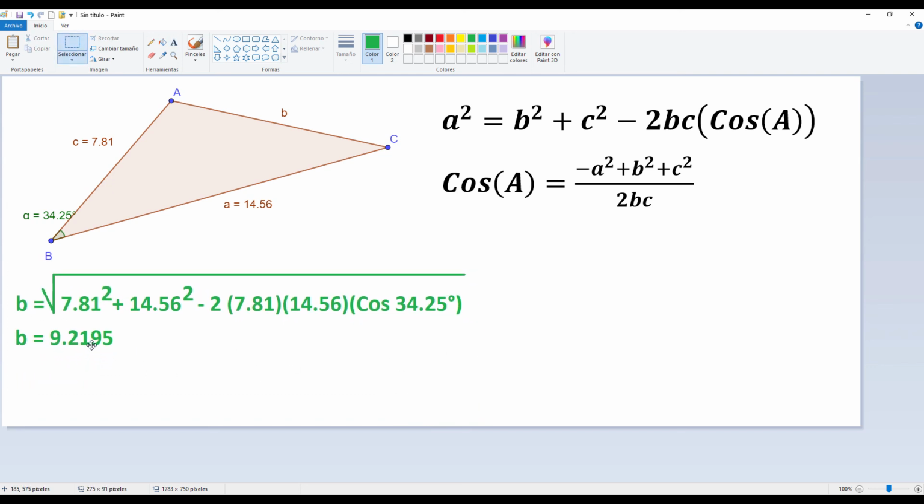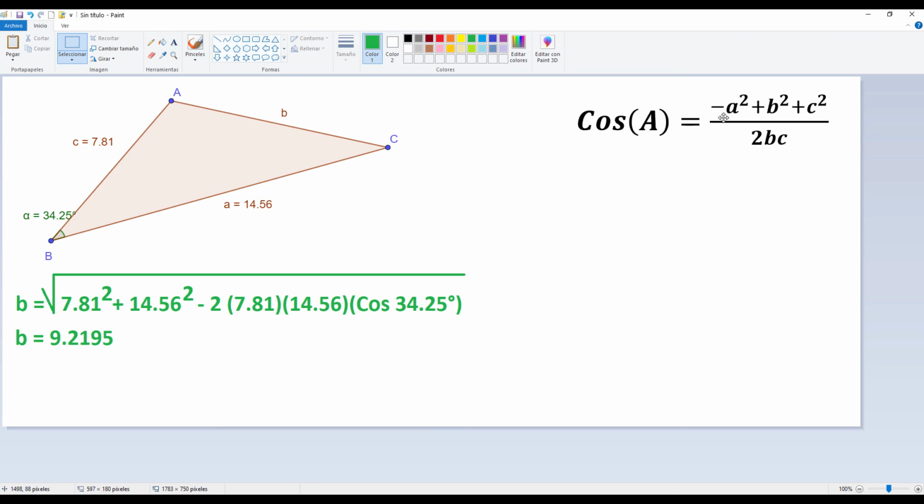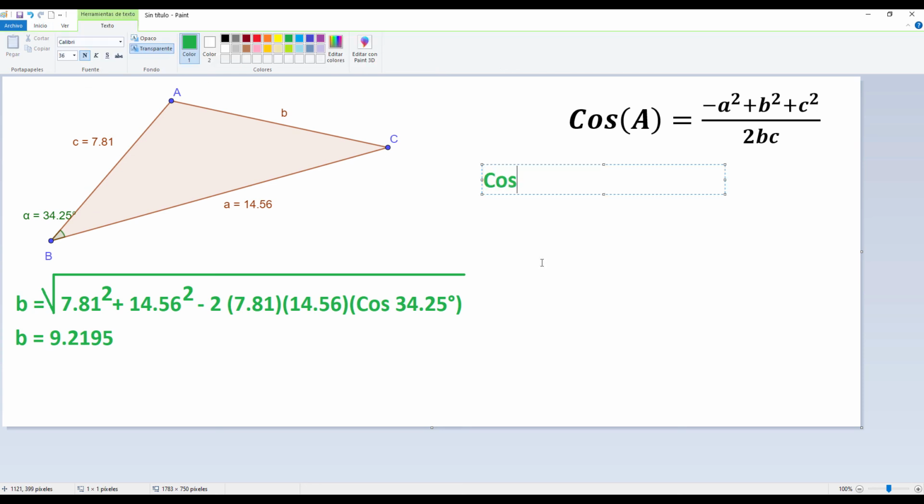Okay, now to calculate the other angles, because you only have one, you need to use that formula. Okay. So I will calculate the angle. Cosine of C equals. Yeah, check here. You need to use the opposite side of the angle, negative. So what is the opposite side of C?